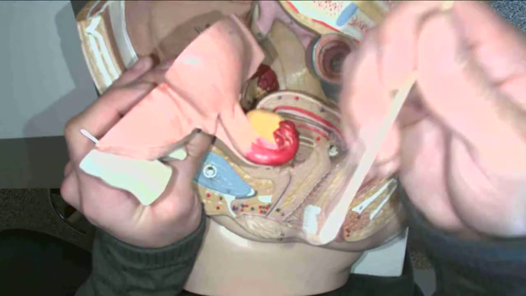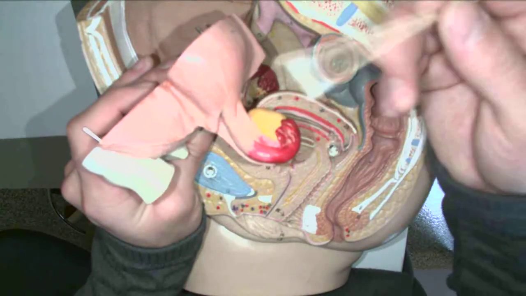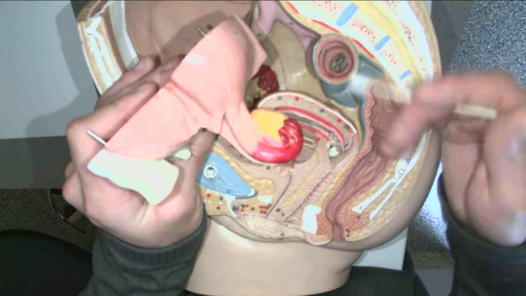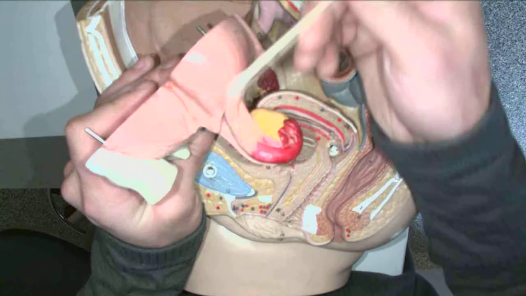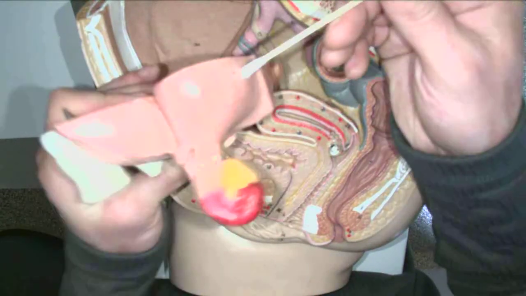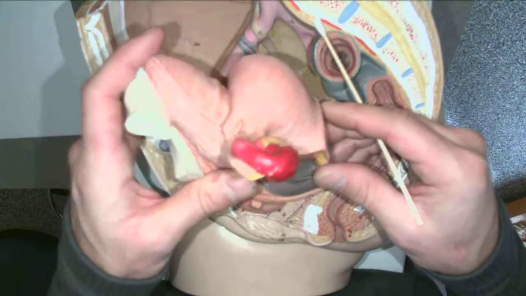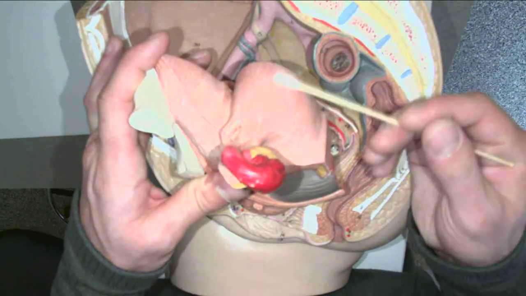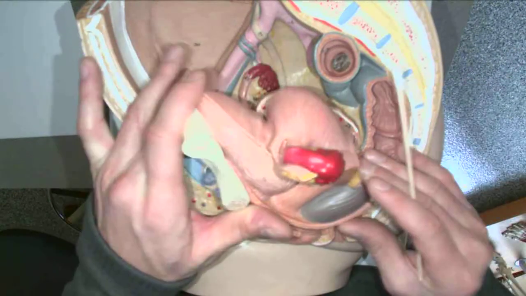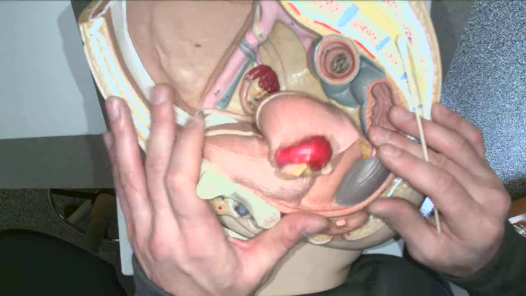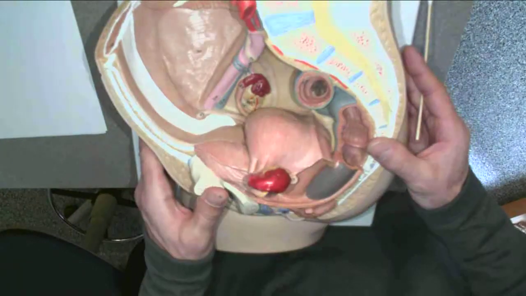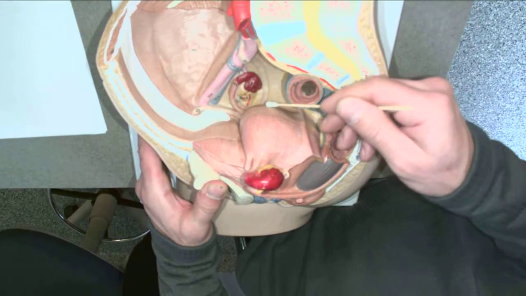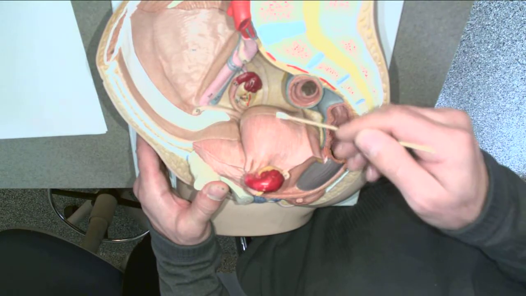Let me go back to the anatomical or lateral view here. This is the uterus. Put that back together. This whole thing up here is the uterus. It's a large, pear-shaped organ. And that's going to be mainly concerned with the reproductive development of a new fetus, a new baby.